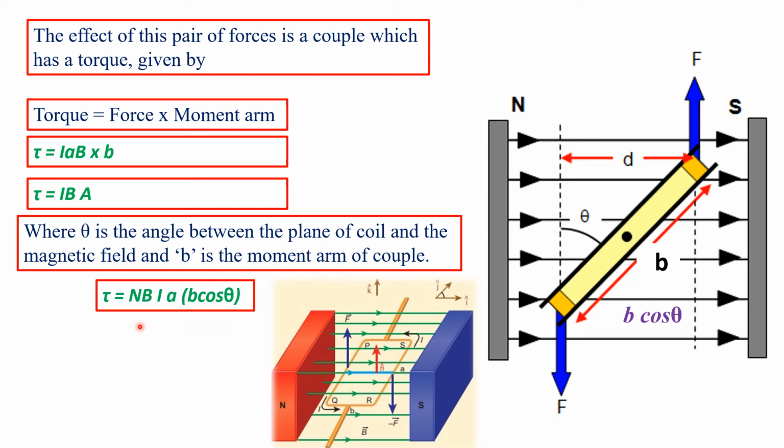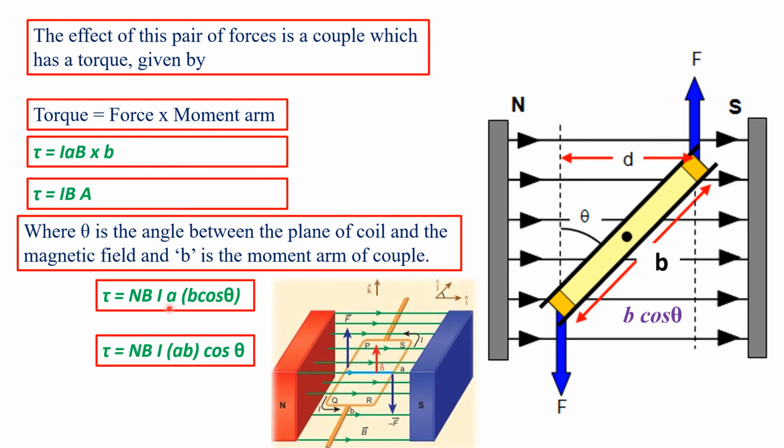So torque equals to N, N is for N number of turns of coil, B I A b cos theta. Here b cos theta component of moment arm is effective component, which is generating torque in a rectangular coil. That's why we take b cos theta.